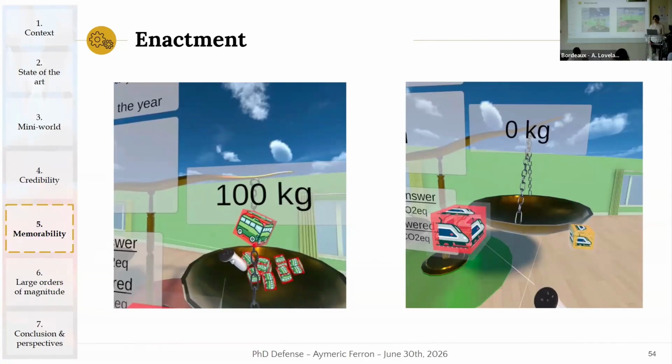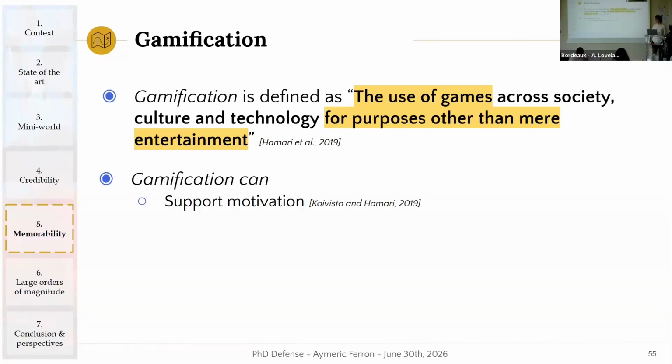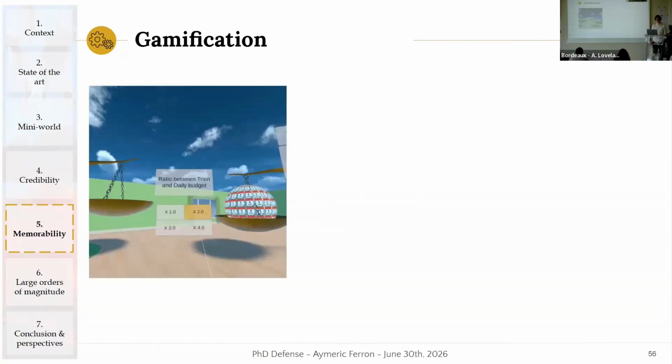On top of enactment, we were also interested in the benefits of gamification to support learning and memorability. Gamification is defined as the use of games across society, culture, and technology for purposes other than mere entertainment. Some studies suggest that gamification can support motivation and learning. So by adding a gamification layer, we wanted to test if it could help learn information and memorize it.